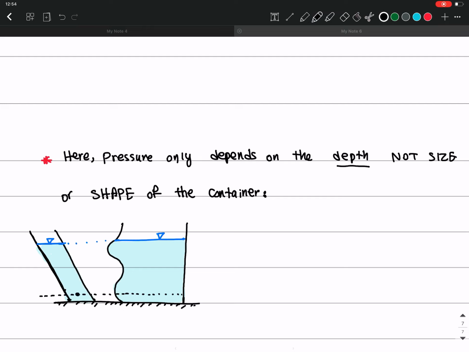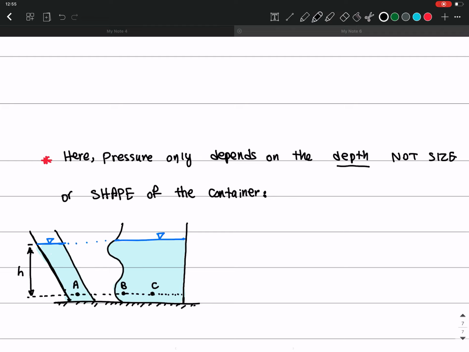So one is at point A, one at point B, and one at point C. And this depth h is the same in all of them, the distance from the free surface.